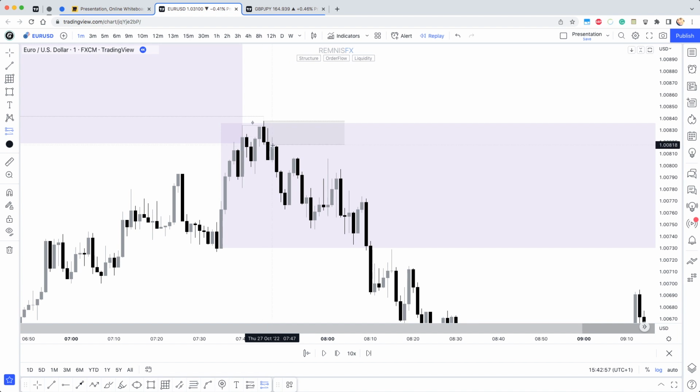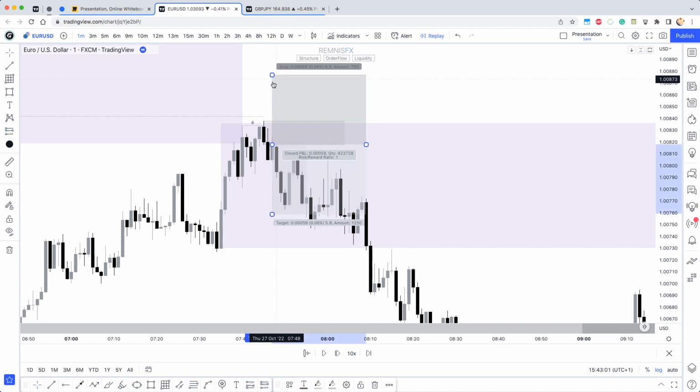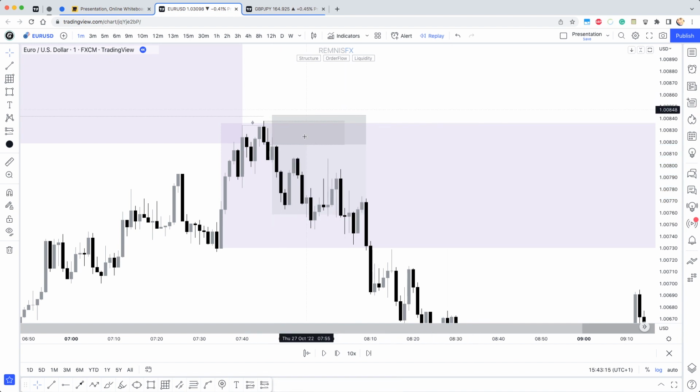Now, if you had used an entry like this, for example, you would have even had like a 2 pip stop loss, right? But just to make sure, put it on 2.5, okay?